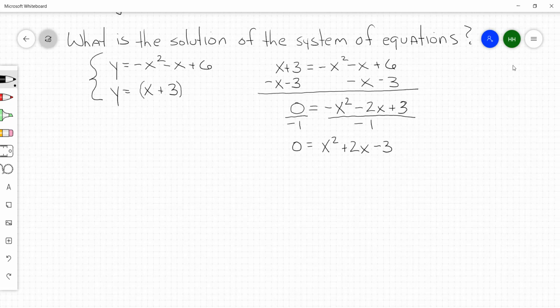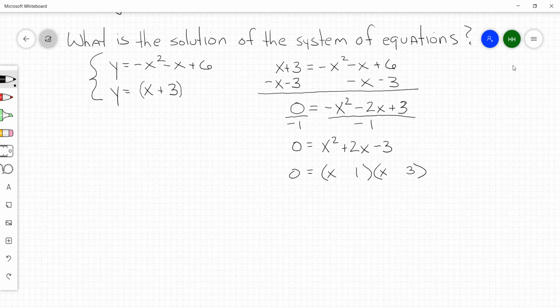this trinomial, or this quadratic, you can factor pretty simply, because what you've got here is an x and an x. And you're looking for two numbers that multiply to -3 but add to 2. So I'm thinking a 1 and a 3.